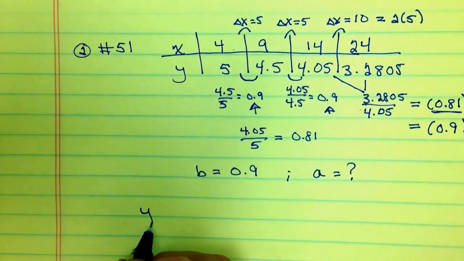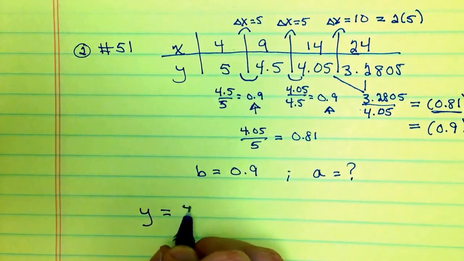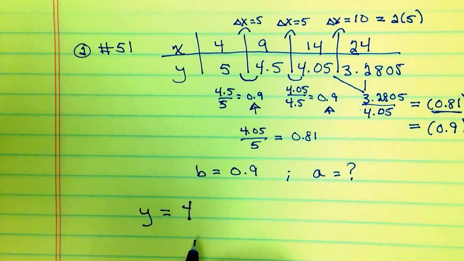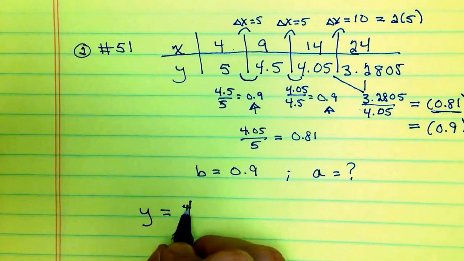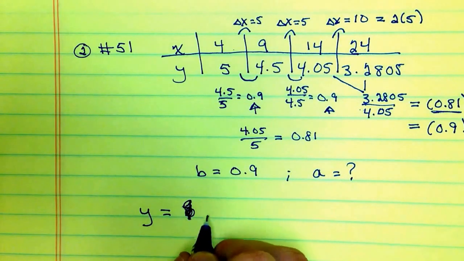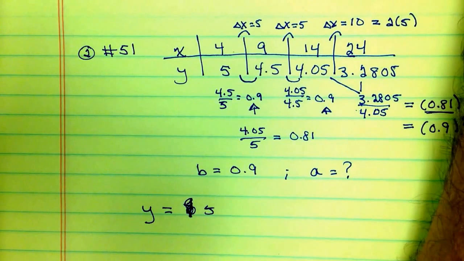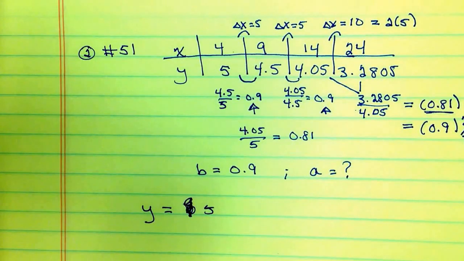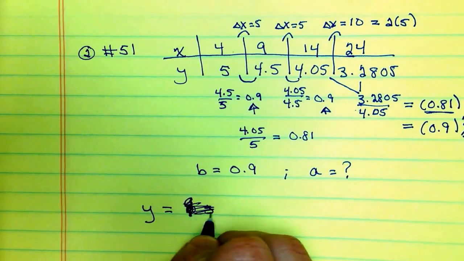So we'll have y equals, just use that 5, because that's the y value. I wrote that badly.